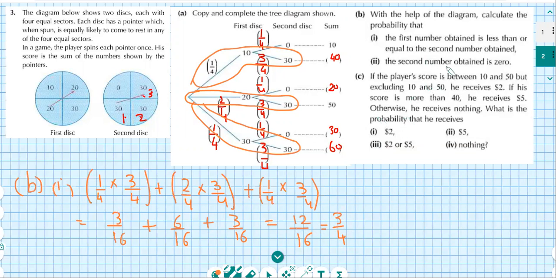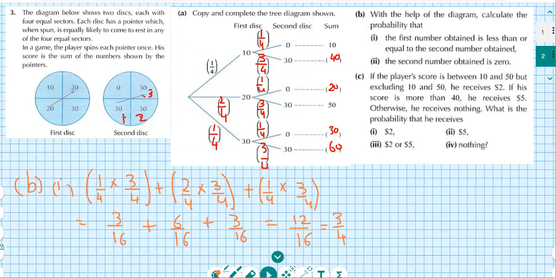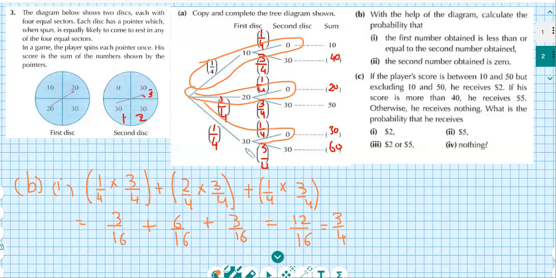Second part. The second number obtained is 0. This branch, or this one, and this. Okay, repeat the same process. Second part: 1 over 4 multiplied by 1 over 4.